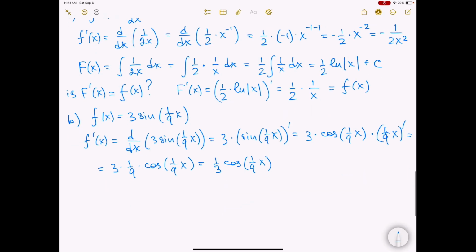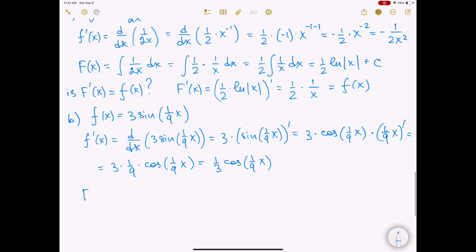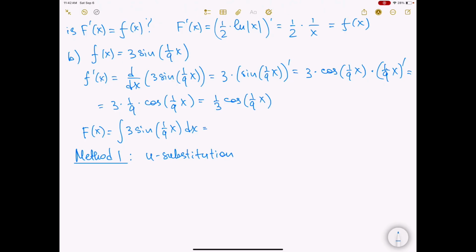Let's find an antiderivative of the function f of x. We need to integrate our original function. And here we have a couple of options. Option number 1: instead of the argument 1 over 9x, we can do u substitution and let u be equal to 1 over 9x. This means that the derivative of u with respect to x is equal to 1 over 9.